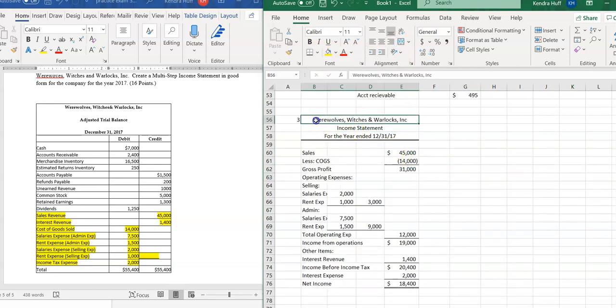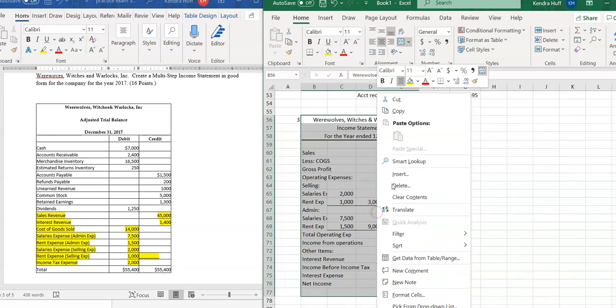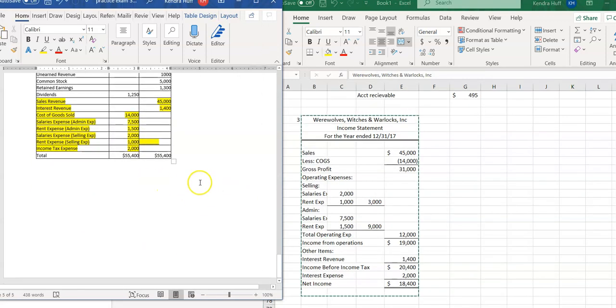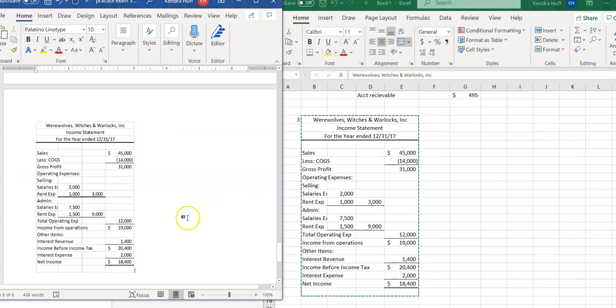Okay, then copy that and paste it. It's going to flip it to the next page, but that's okay. And there we go. We're done.